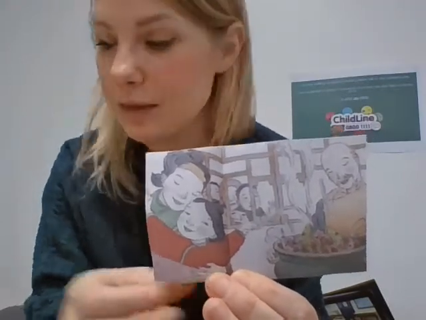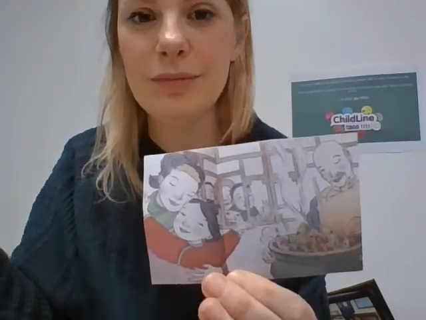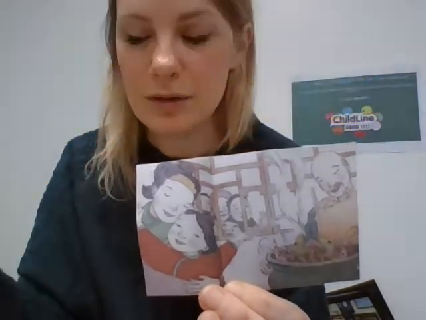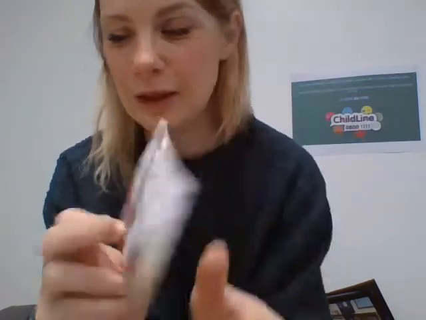So instead of painting herself some toys or some sweeties that she might have fancied, she was caring. Let's see that word again. Here we go. And she decided to paint a big bowl of food for her family so that they weren't hungry. So she looked after them. She was caring. Now, I wonder if you can help me do the next one.